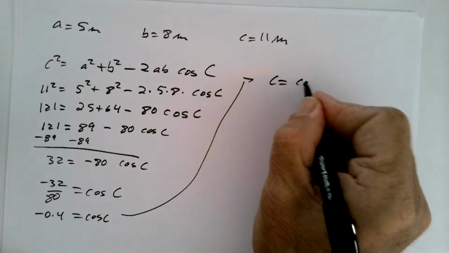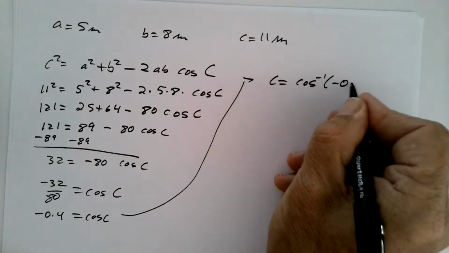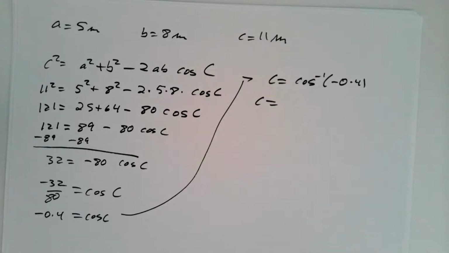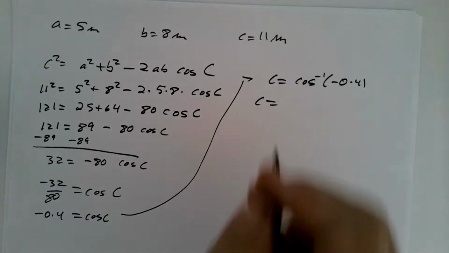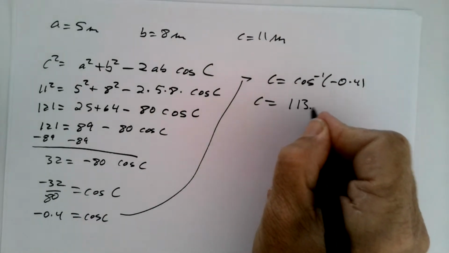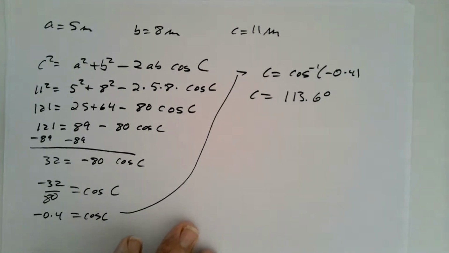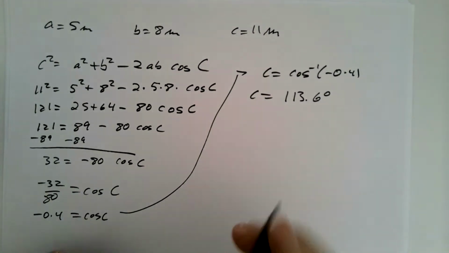So C is the inverse cosine of negative 0.4. And we get about 113.6 degrees there. All right. Once I have that, then we use law of sines to find another side.